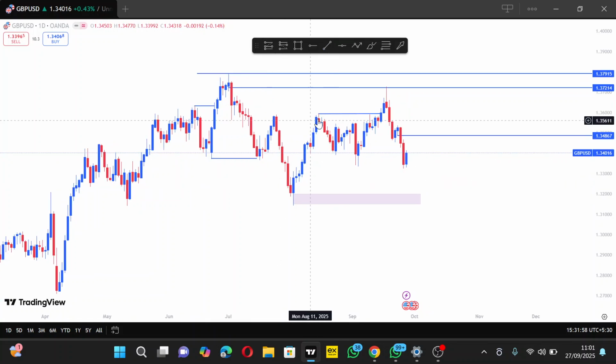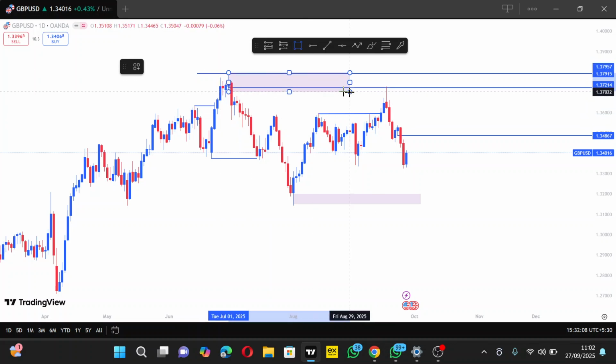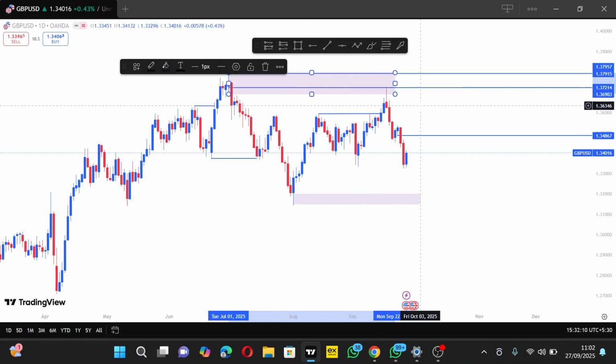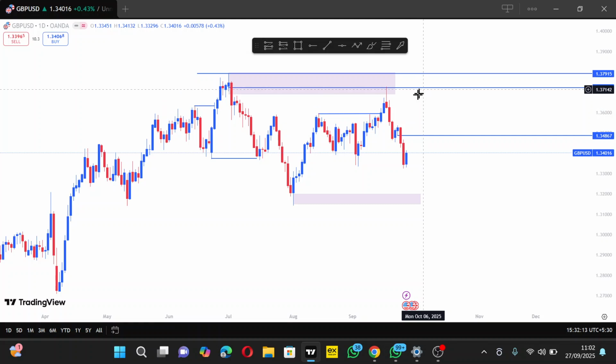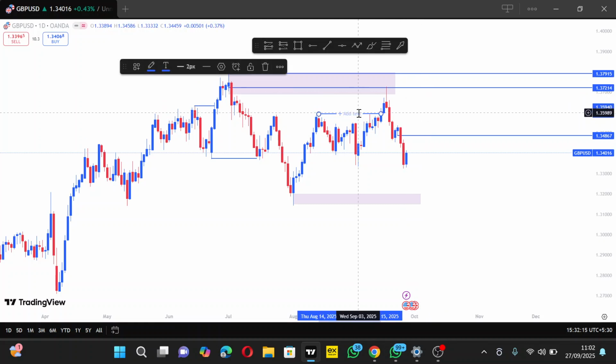And now price swept this high. This is inducement and this is liquidity. Price swept it and tapped into our forward order block, then before the drop. As you can see, this is inducement.